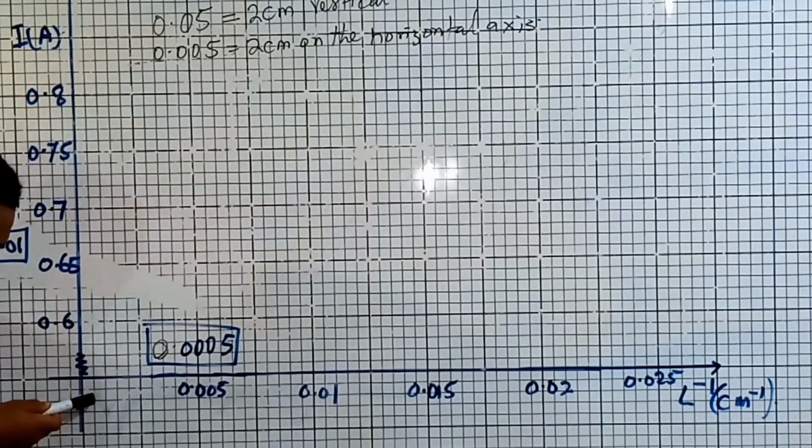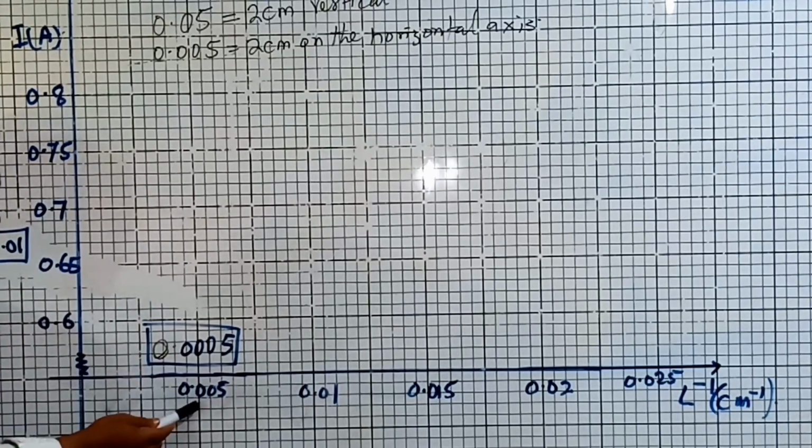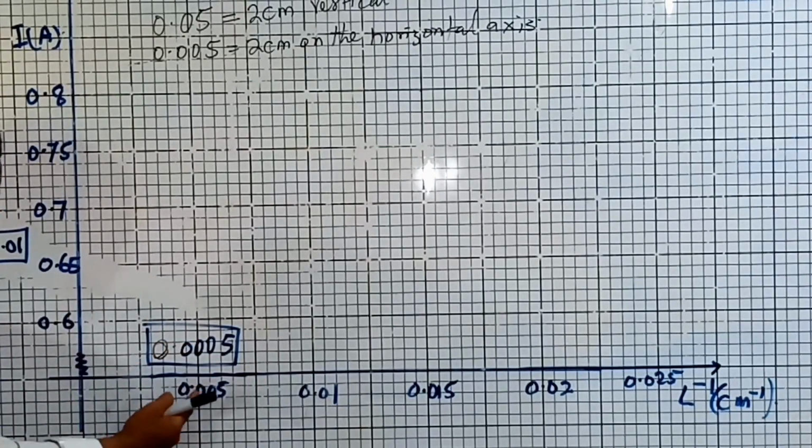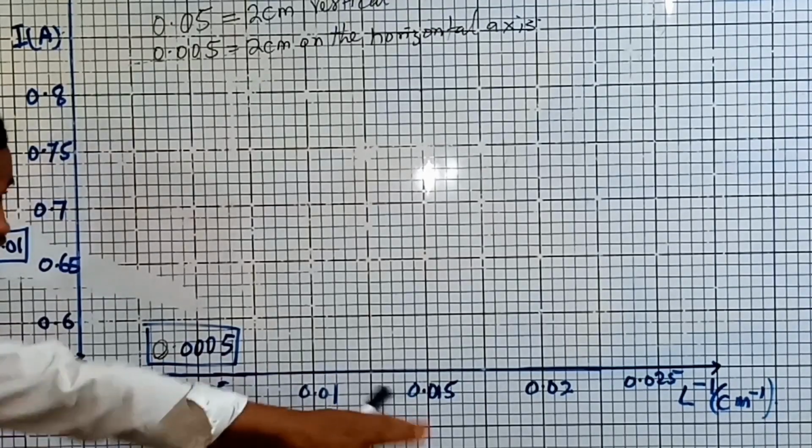On the horizontal axis, if you add 0.0005 ten times, you get 0.005.